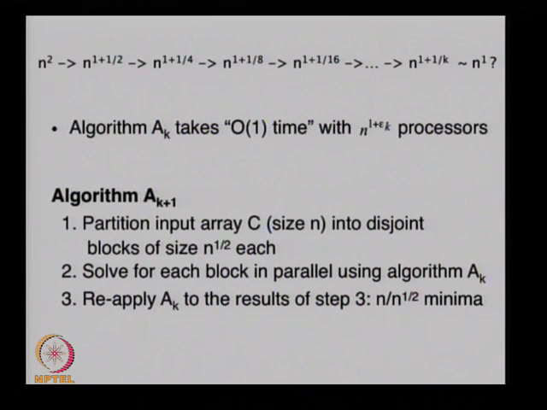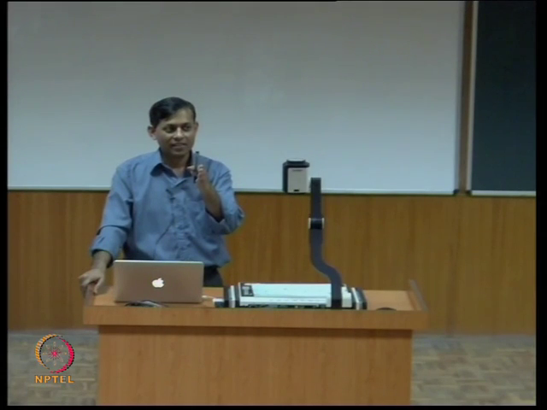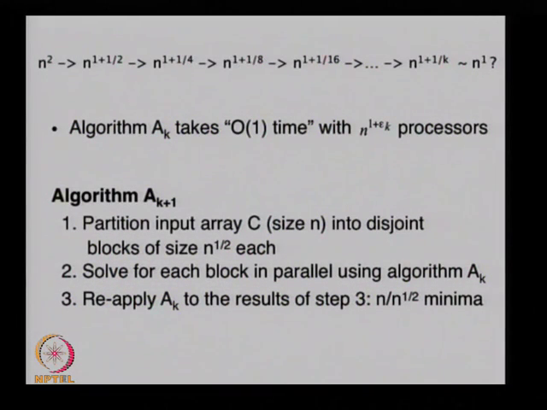So if you just think order 1 time, that won't work, right? Because this is dependent on n. And if you look at the series, what is it? n, n raised to the 1 plus 1, n raised to the 1 plus half, n raised to the 1 plus 1/4, 1 plus 1/8, 1 plus 1/16.